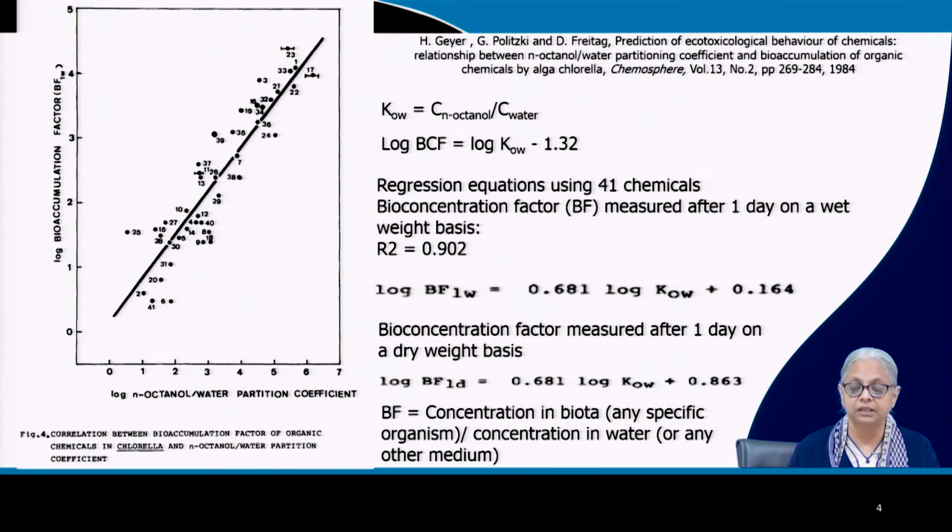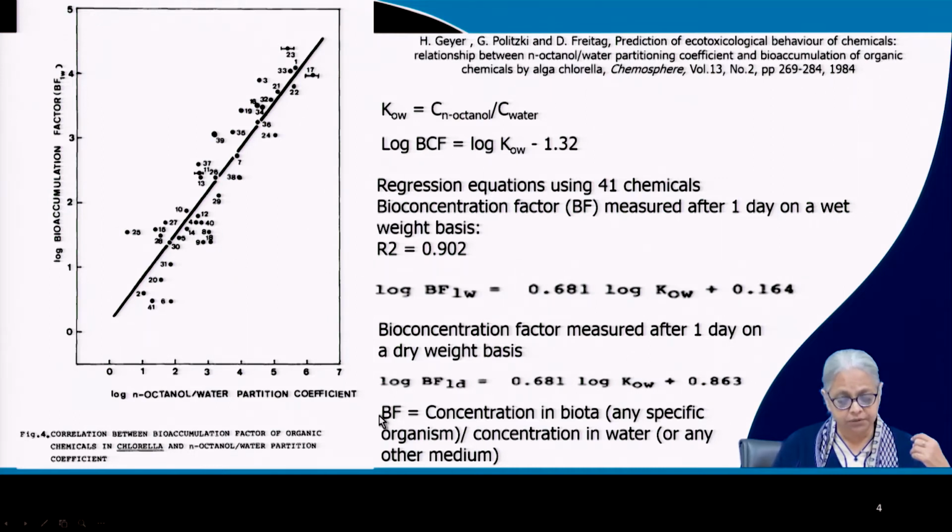So there is a certain health impact associated with these chemicals, which can be readily looked at knowing these ideas, knowing these concepts. What is the concentration factor or the bioaccumulation factor? The concentration in the biota of a particular organism divided by the concentration in water.